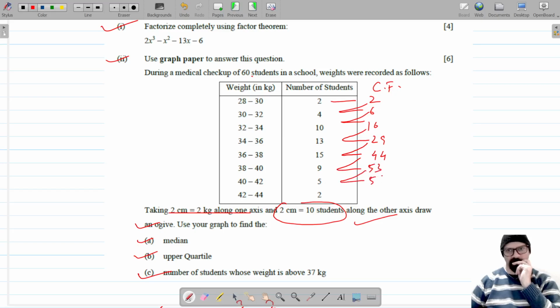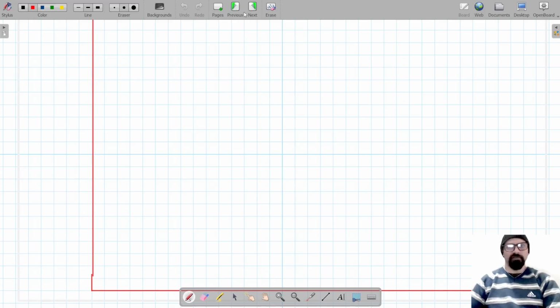Plus 5 is 58. And 2 is 60. So these are the cumulative frequencies. Okay, so we have got the cumulative frequencies, and let's plot the ogive now.